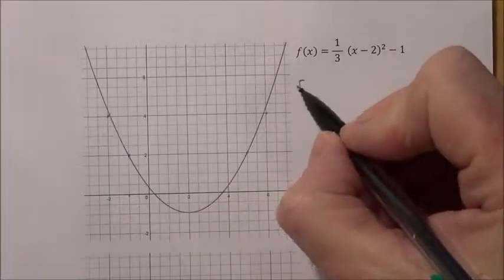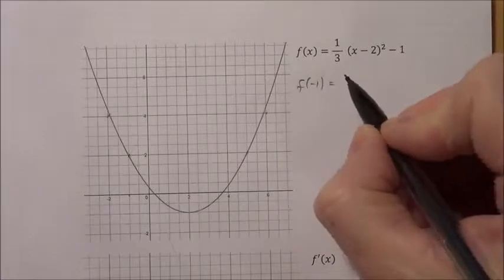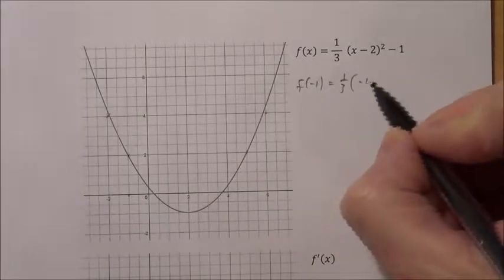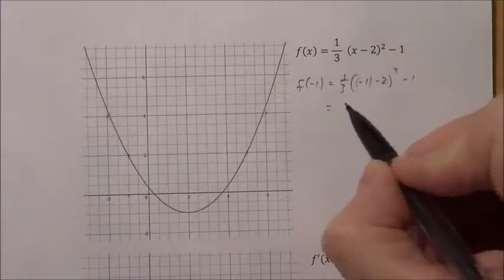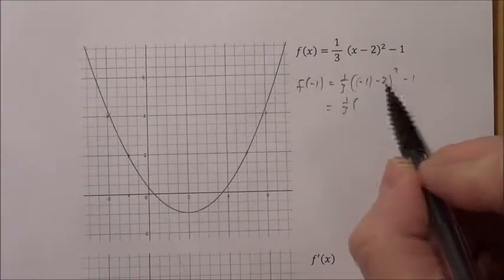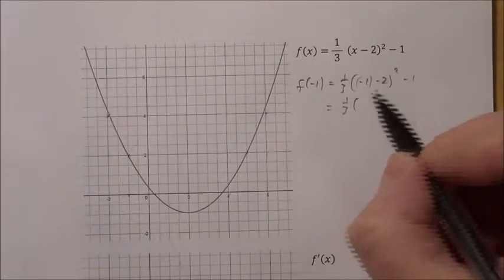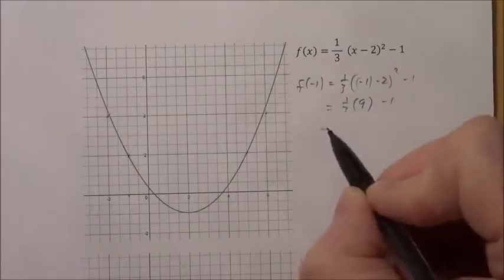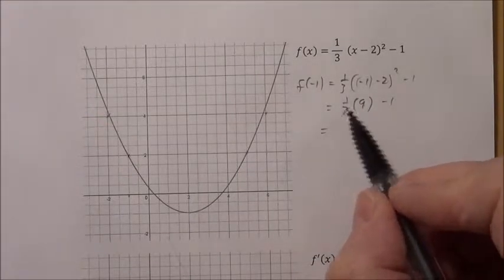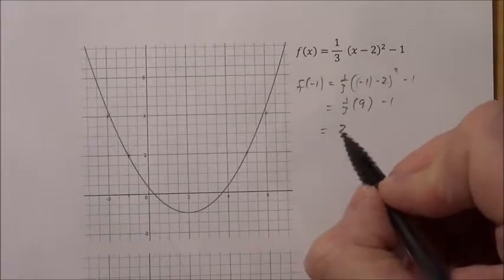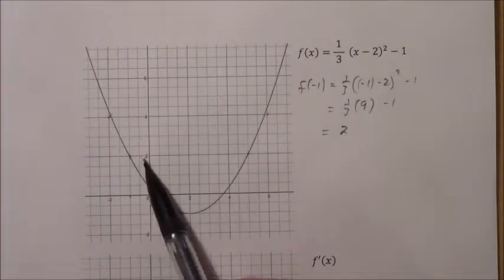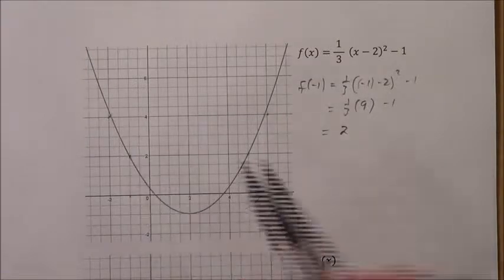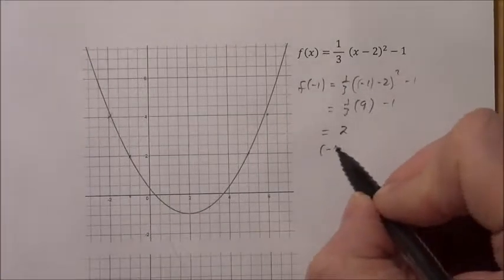If I find f of negative 1, I substitute negative 1 in for x. Negative 1 minus 2 is negative 3. Negative 3 all squared is 9. A third of 9 is 3. Minus 1 is 2. So the point here, which we can clearly see from the graph, is (negative 1, 2).